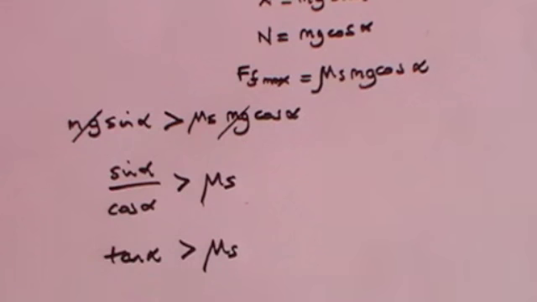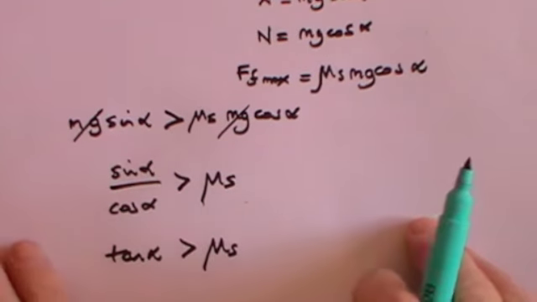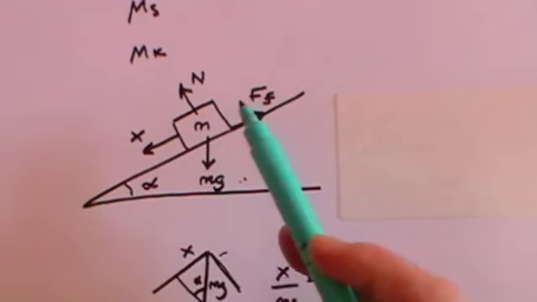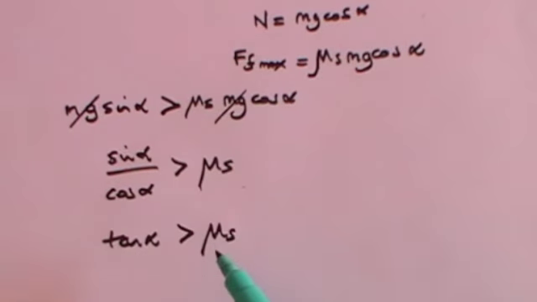So here is our first big conclusion: the block will start to move down the plane, in other words, it will overcome the frictional force, when the tangent of this angle alpha is greater than the frictional coefficient mu s.